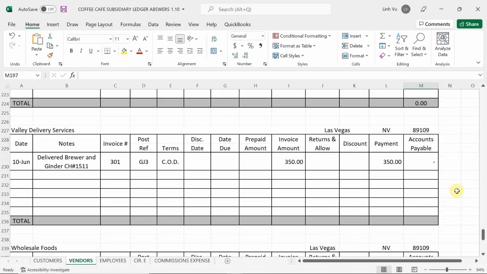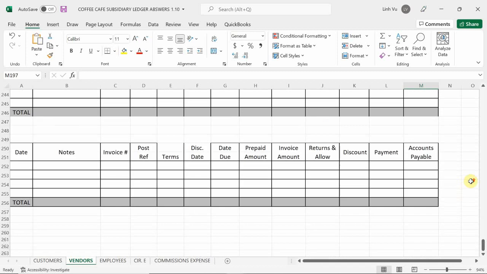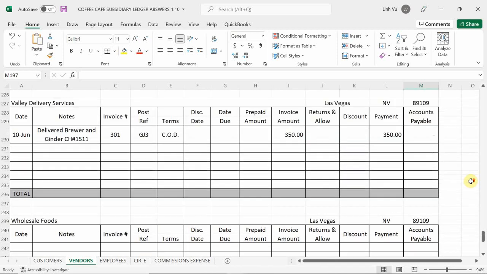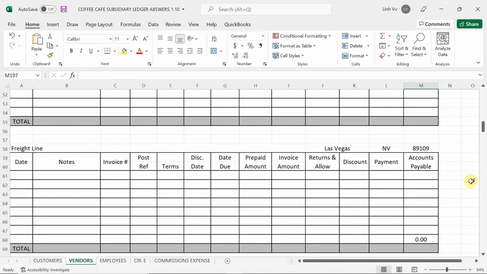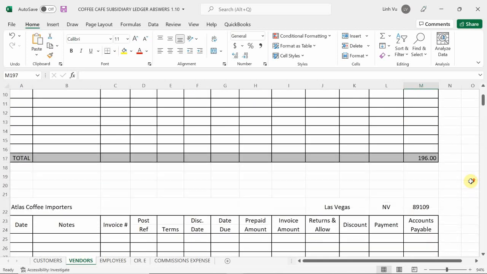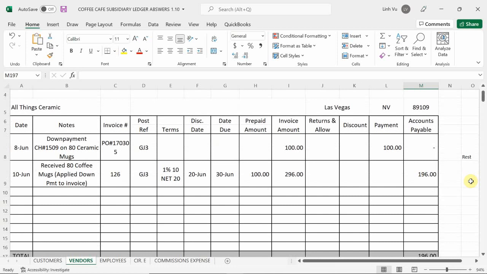Okay, so again, that's what this column is for, is to keep track of how much money you owe to your vendors. So already right there, I have quite a handful of vendors that I owe, and the grand total is $13,000, right? So in this case, that's how we keep track of our vendors and where our money's going.